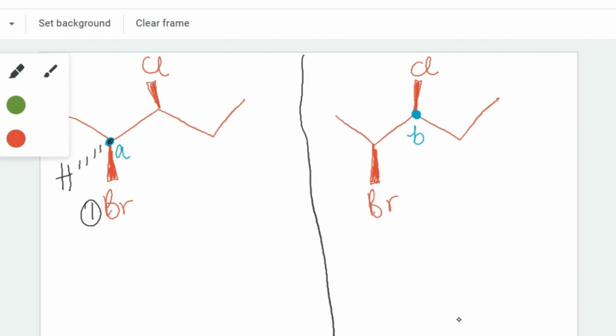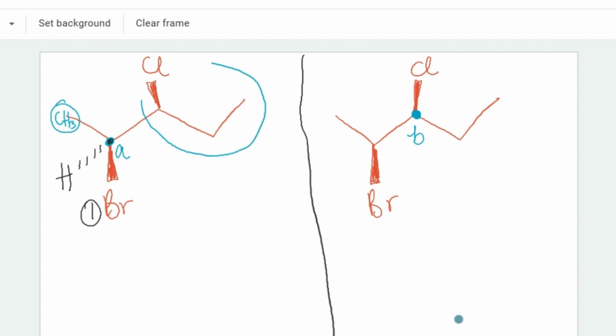And now we're in a situation where we have this carbon group, which is the methyl group, the CH3 group that we've been seeing from the video. And then we have this entire carbon group. And we have to determine which one of them will take priority. So this CH3 group has much fewer atoms attached to it. The atoms attached to the carbon here are just three hydrogen atoms.